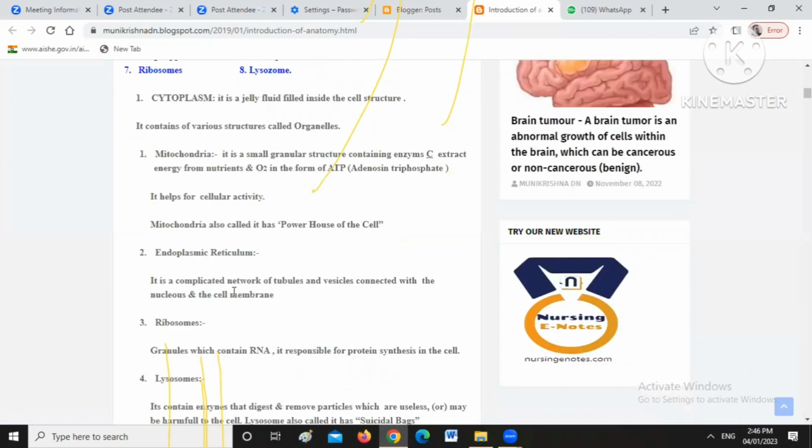What is endoplasmic reticulum? It is a complicated network of tubules and vesicles connected with the nucleus and the cell membrane. What does it look like? It looks like a complicated network of tubes and vesicles.